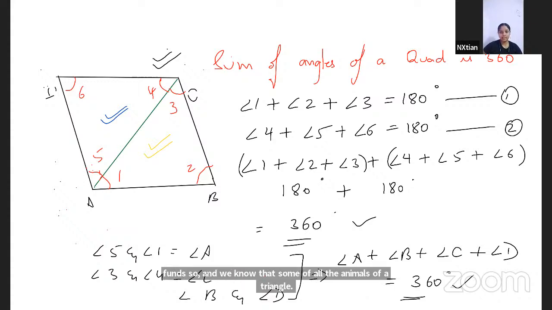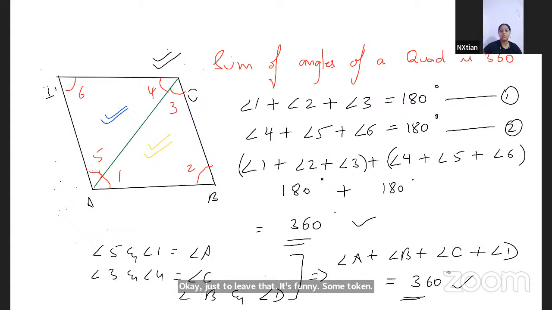We just studied that it's 180 degree sum total. So now two triangles means the whole of one triangle is 180. The other one also, total of all the angles 180. So when we add them up, 180 plus 180, we'll get the total of 360.